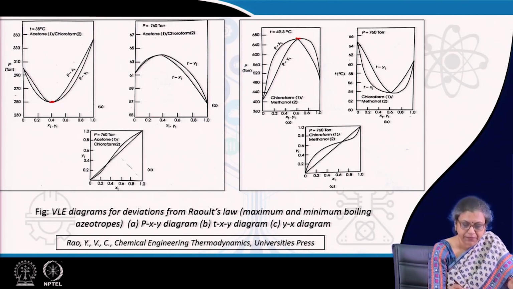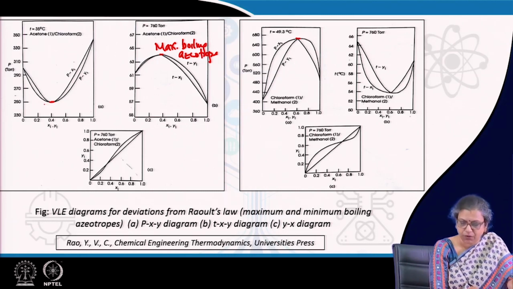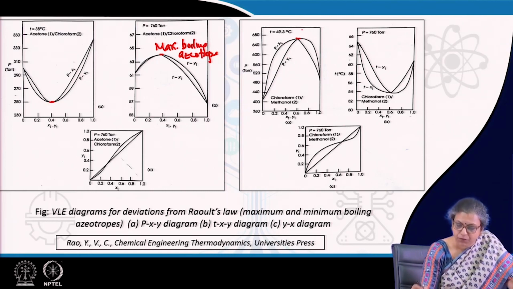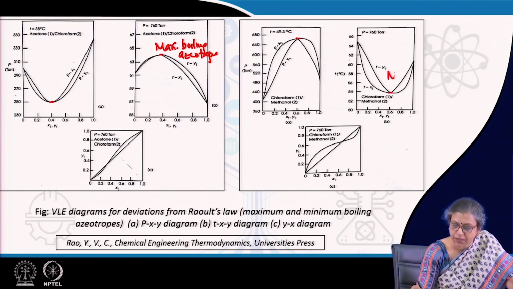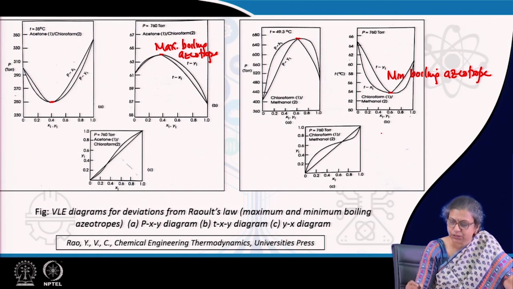Corresponding to that, there is one particular composition where the mixture boiling point is much higher compared to the boiling point of the pure components, and this point refers to the maximum boiling azeotrope, which forms when there is a negative deviation from Raoult's law. For positive deviations from Raoult's law, we have a minimum boiling azeotrope. These azeotropic conditions are very useful for finding out gamma, which is why I would like to make special reference to it. Now, for non-ideal solutions, what do we find?